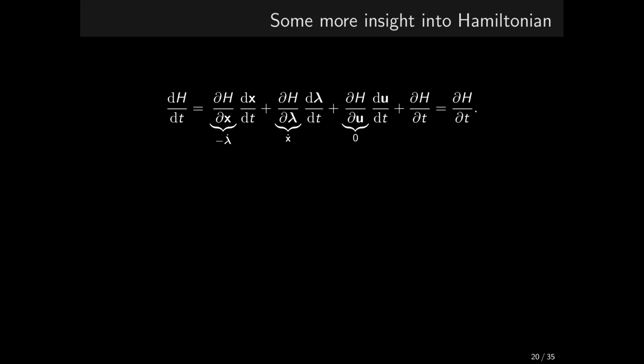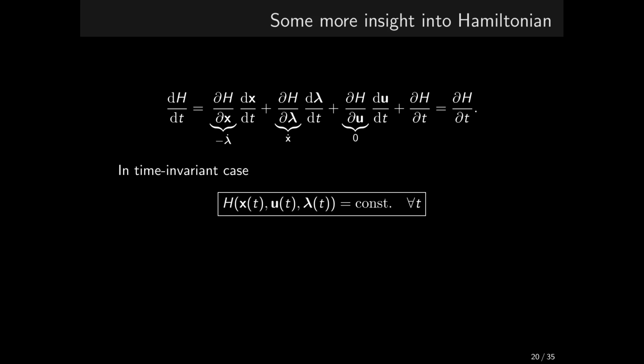In the time-invariant case, that is, if neither the model of the system nor the cost function depend explicitly on time, the partial of H with respect to t is 0, and so is the total derivative of H. In other words, in the time-invariant case, the Hamiltonian is constant for all times when evaluated along an optimal trajectory.